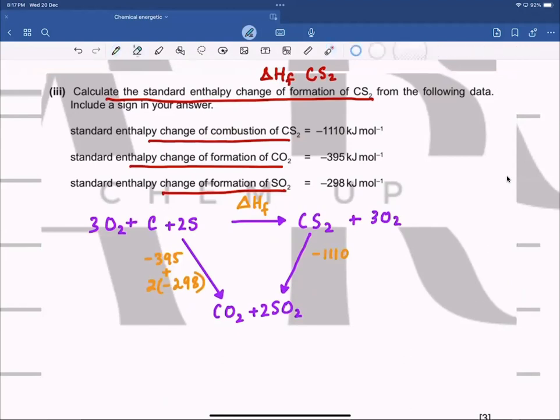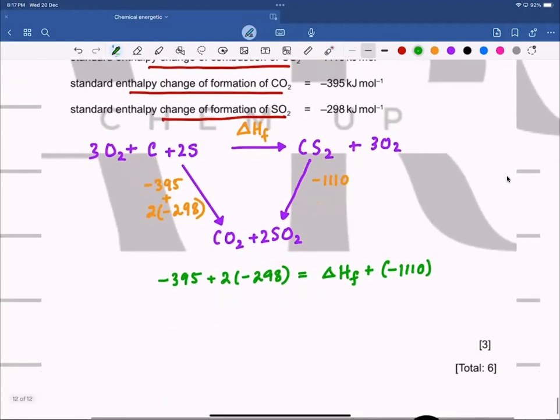So now if we see, our mathematical expression will be minus 395 plus 2 times minus 298 is equal to the enthalpy change of formation, which we can substitute by x as well, plus minus 1110.